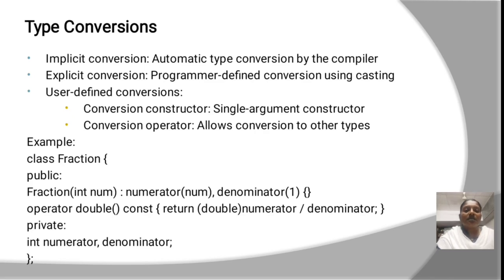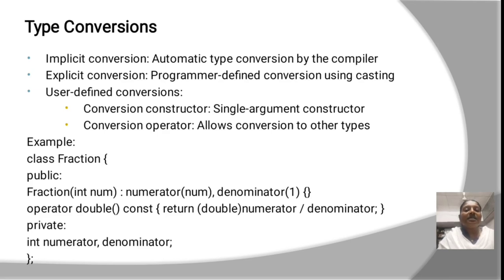Next one is type conversions. Implicit conversion: automatic type conversion by the compiler. Explicit conversion: programmer defined conversion using casting. Next one is user defined conversions. Conversion constructor: here we are using a single argument constructor. Conversion operator allows conversion to other types.